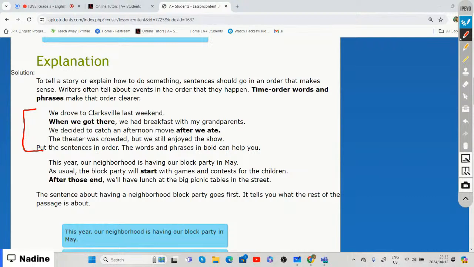They went to watch a movie after breakfast, and they had a good time while watching the movie. So that is the order, or the sequence of events, the order in which these events happened. And once again, the sentences should go in order and it needs to make sense.